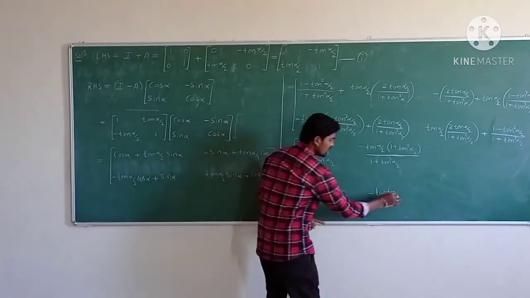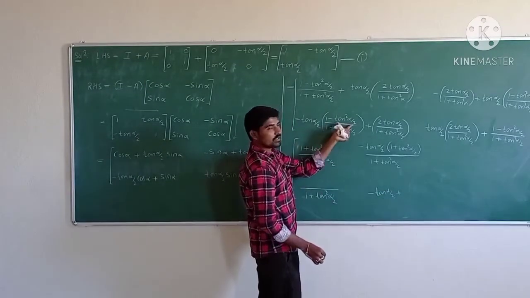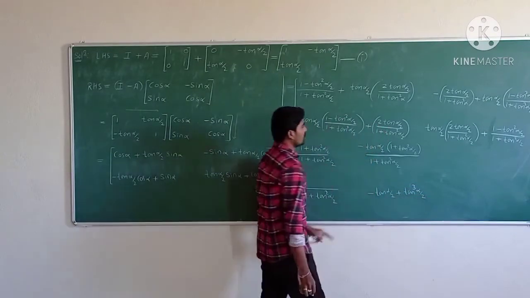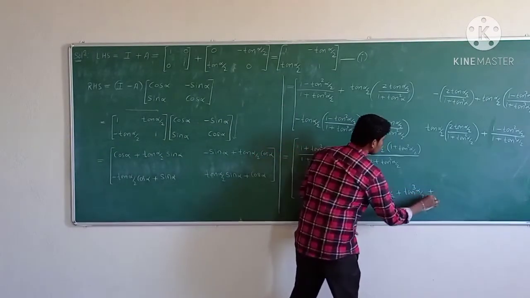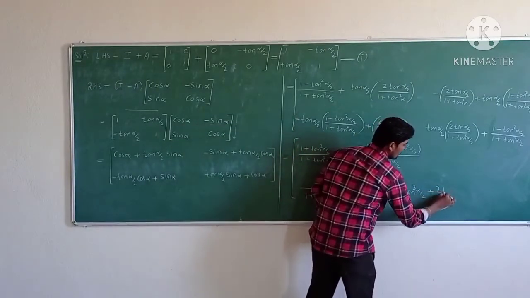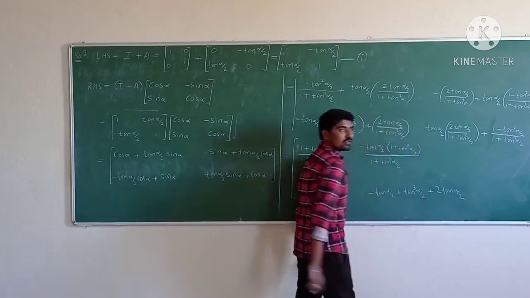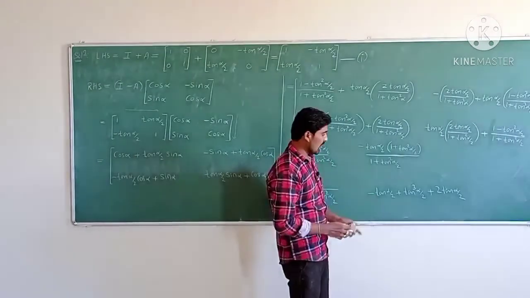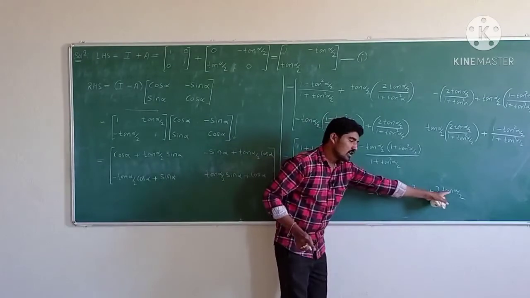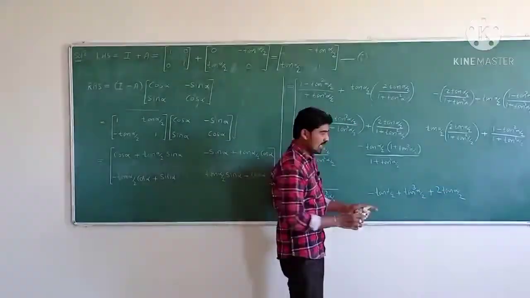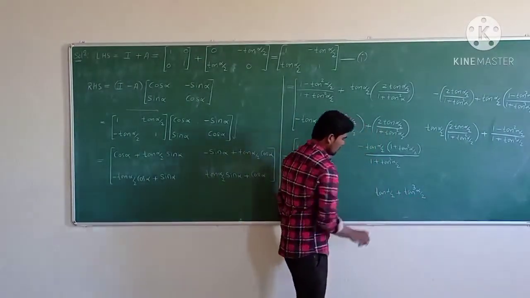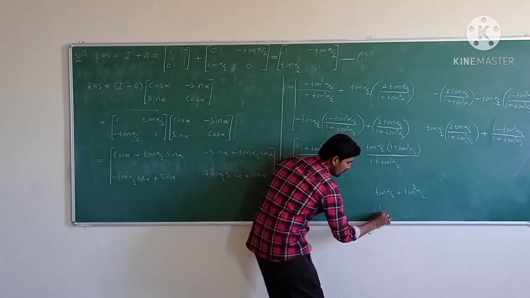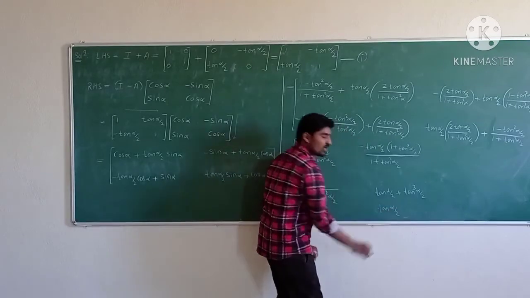Minus into minus gives plus tan alpha by 2 into tan square alpha by 2, tan cube alpha by 2, plus 2 tan alpha by 2. Now 2 tan alpha by 2 minus tan alpha by 2 is tan alpha by 2. So we have tan alpha by 2 plus tan cube alpha by 2. In between these two terms we may take tan alpha by 2 as common.